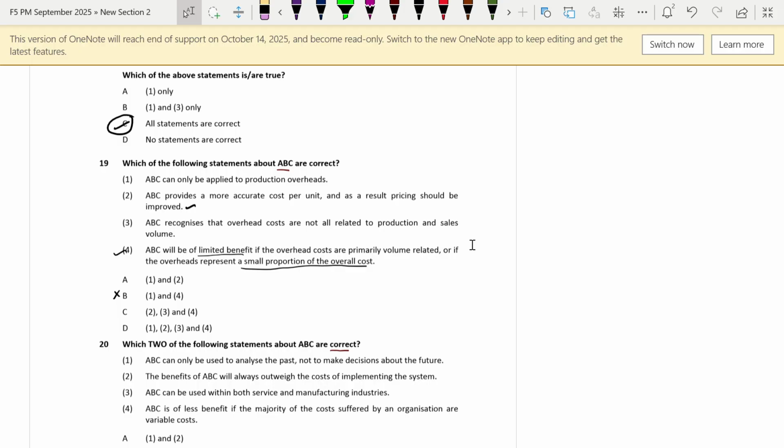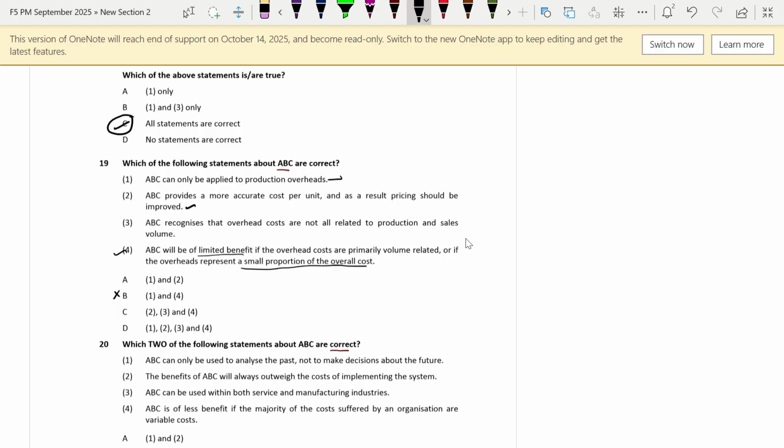ABC can apply only to production overheads. The first one is correct, I think.